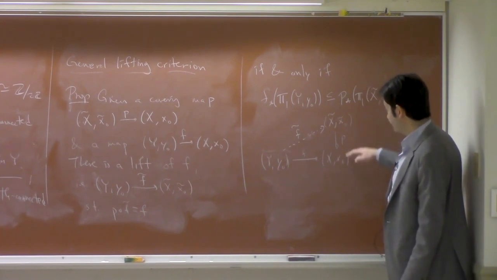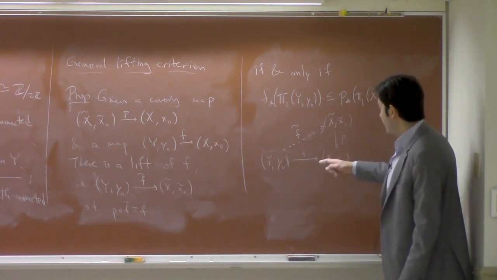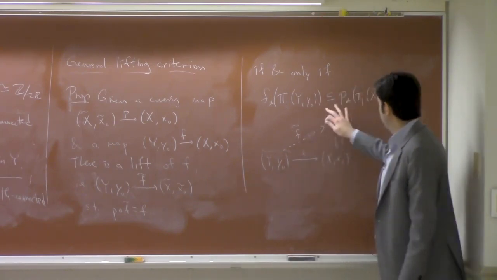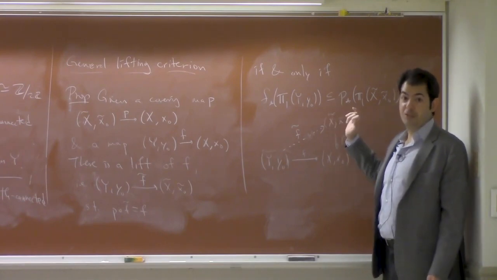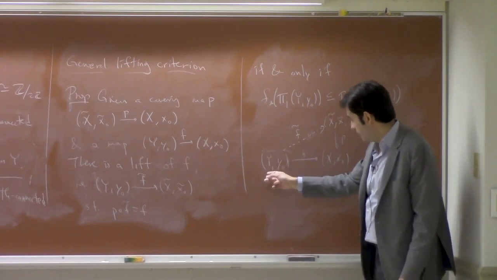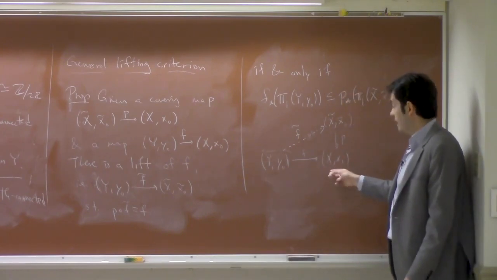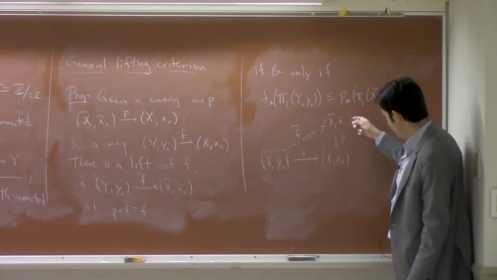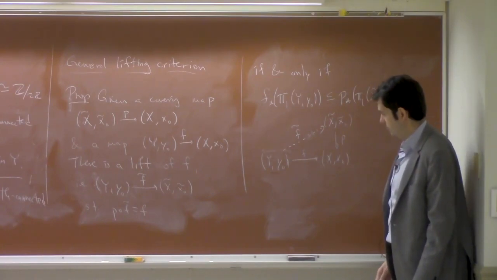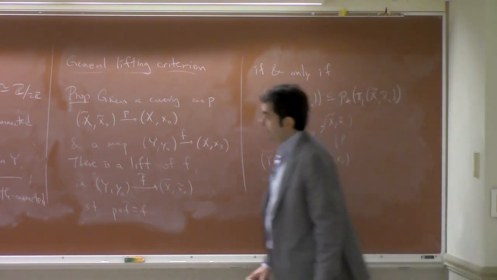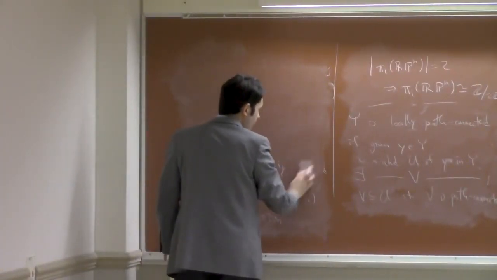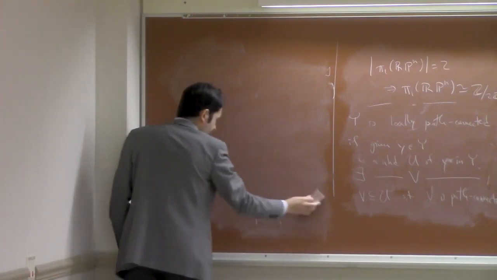You have this cover, and you want to know if you can construct the lift, and it turns out the answer is entirely in terms of invariants of algebraic topology. What you need is that when you take the fundamental group of this space and map it over here, it lands inside the image of the fundamental group of this guy mapped along this map. Okay. So the fact that that's a necessary condition is very easy to see.